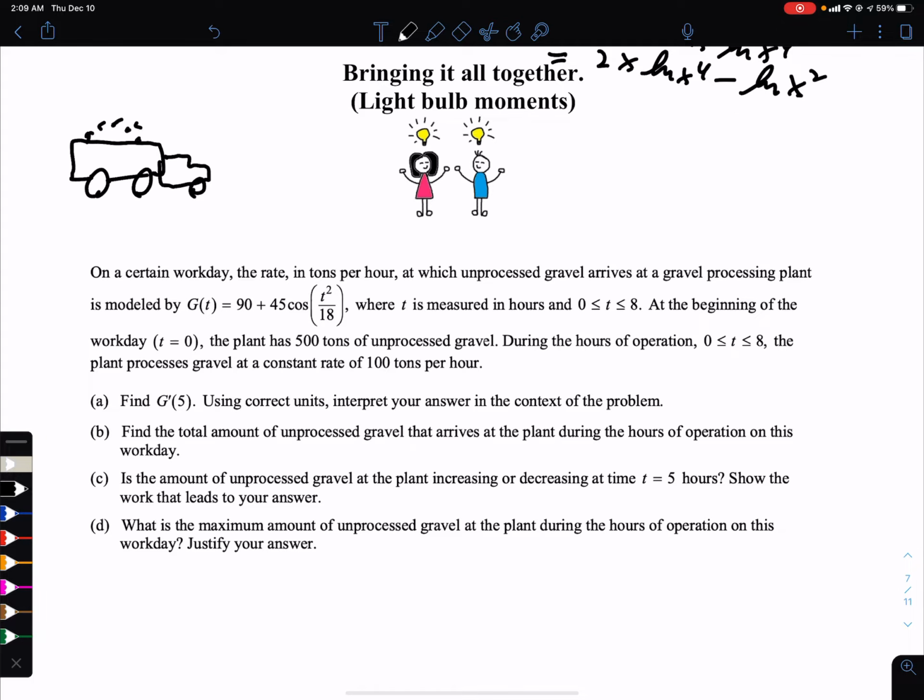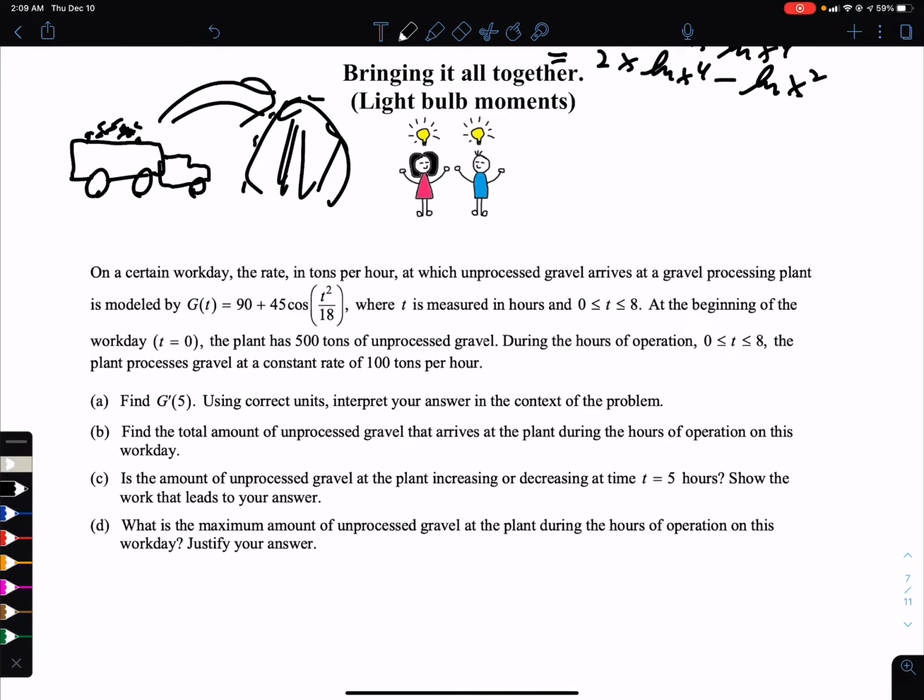There's piles of dirt or gravel, rocks. And they're arriving at a processing plant. And so you have a hill of rocks that they're piling onto that. So you have things arriving. This is the rate of arrival.